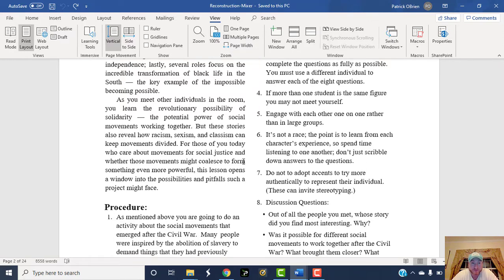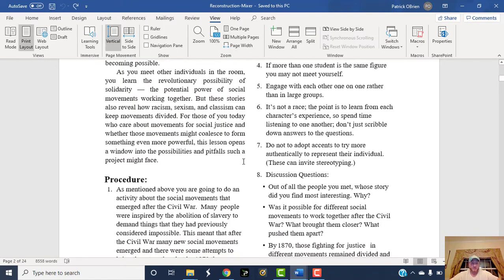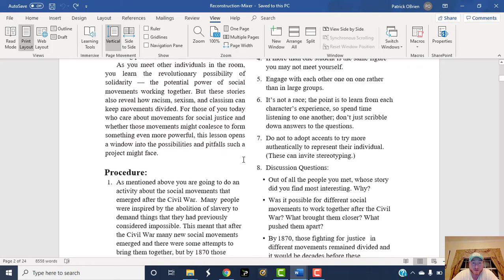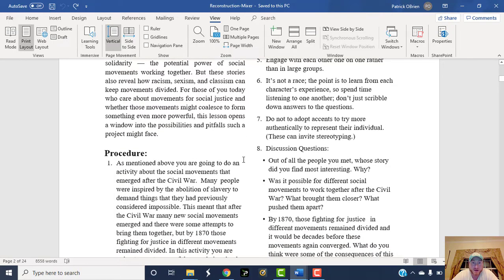the key example of the impossible becoming possible. As you meet other individuals in the room, or by looking through their different backgrounds, you learn the revolutionary possibility of solidarity, of working together, the potential power of social movements working together.